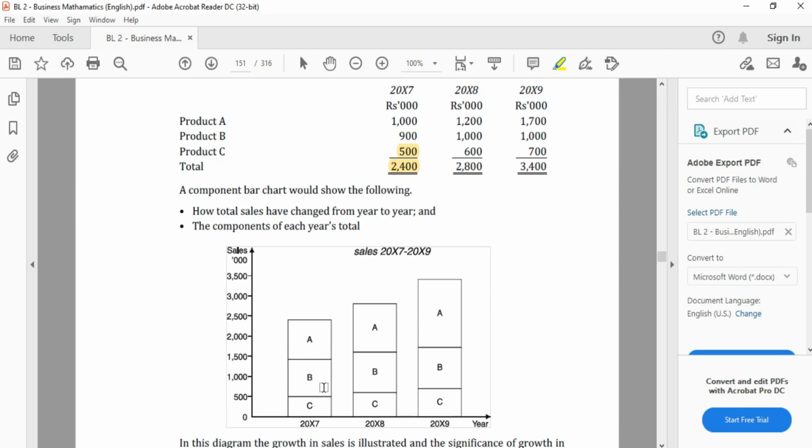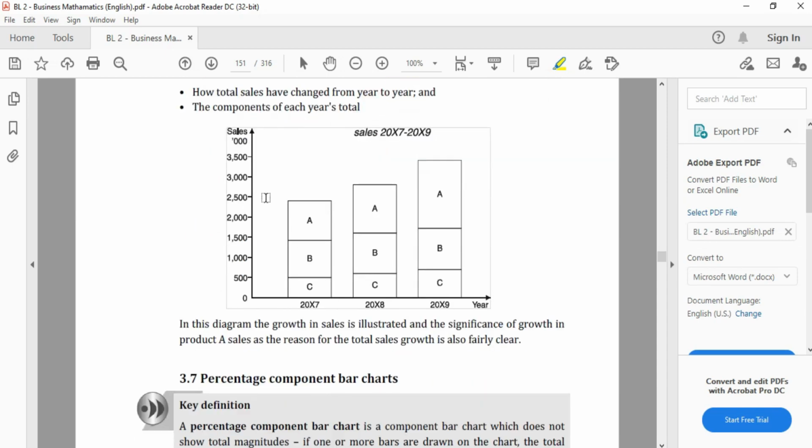So basically that is what they want to show in a component bar chart. Now in the exam, they will not give you the information, they'll just give you the chart this way and ask what amount of A has the company sold in 2007. Then you should say not 2400. If you say 2400, very wrong.